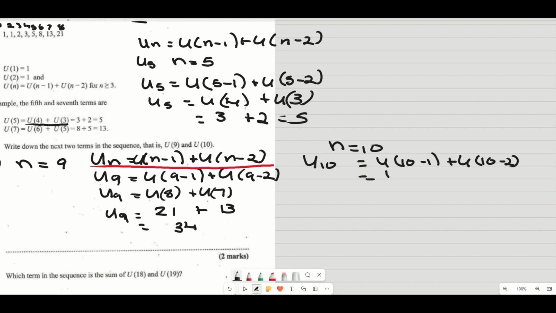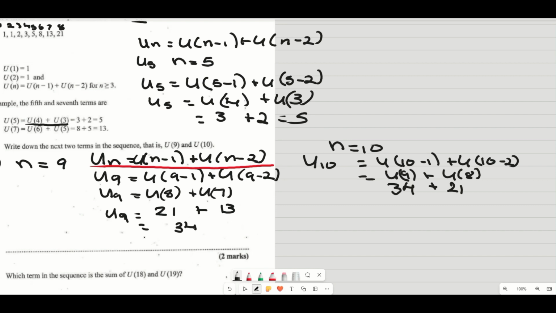So that is u9, plus u8. Now, we already found out the 9th term, so the 9th term is 34. So u9 is 34, plus u8 from the sequence above, we see that is 21.